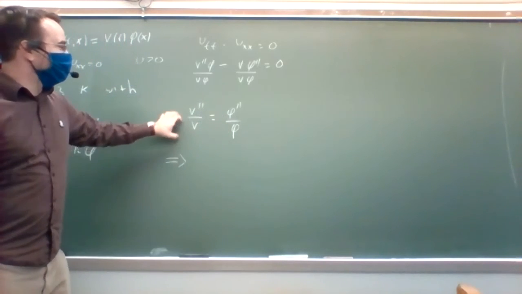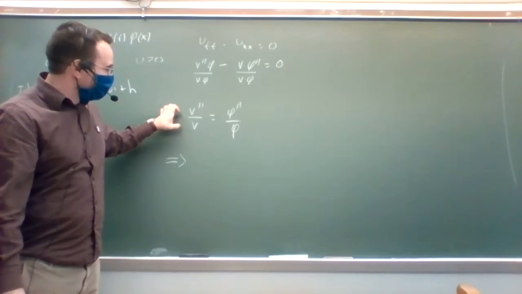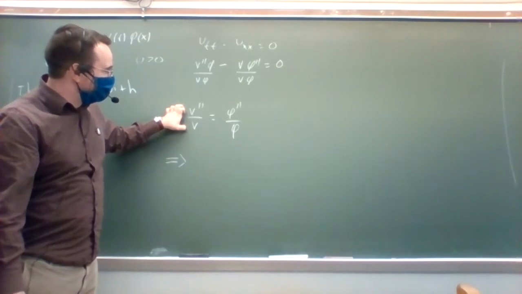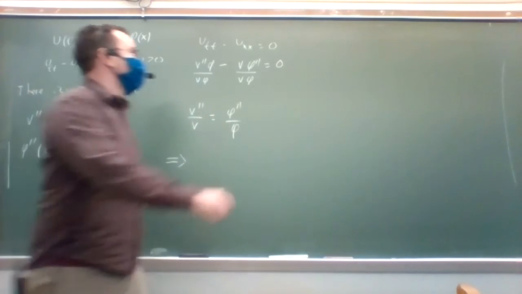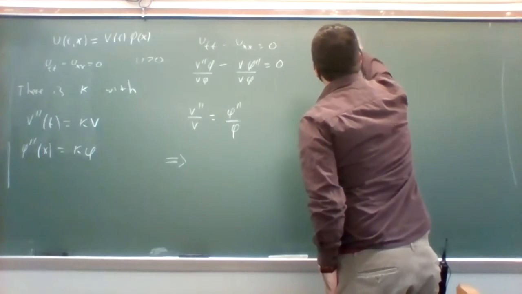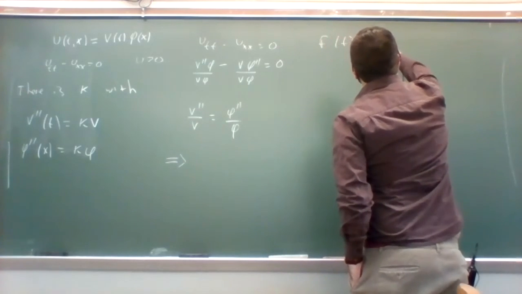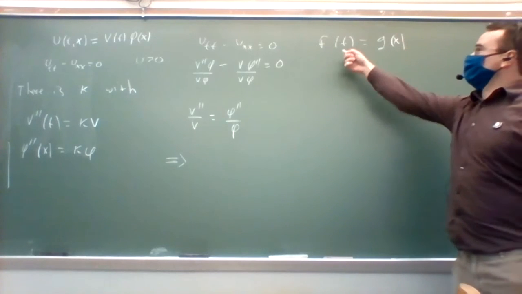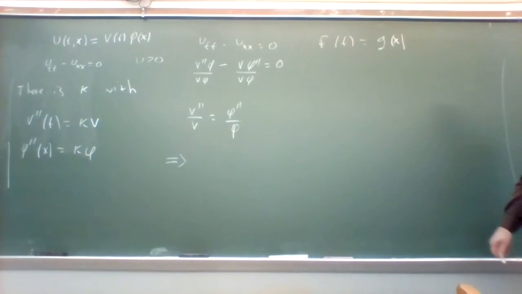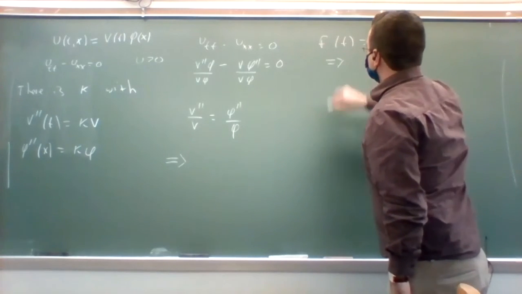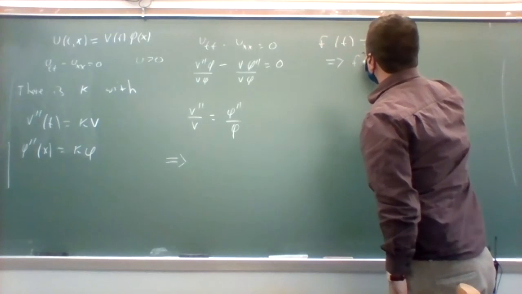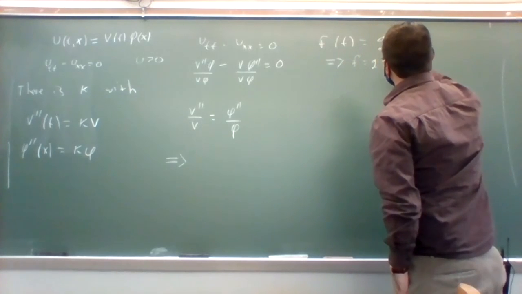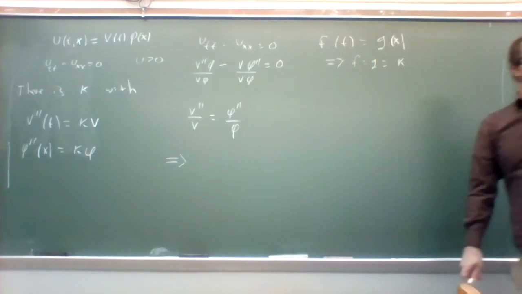Because you've got one function of t equal to another function of x, like f of t equals g of x, where t and x are really independent of each other, then this means that f has to be equal to g, has to be equal to some constant.